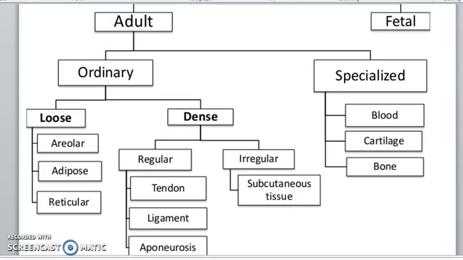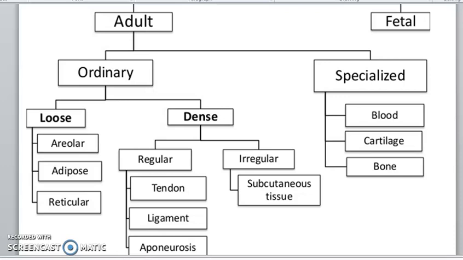Remember, we have talked about the classifications of connective tissues to include connective tissue proper, which is either loose connective tissue or dense connective tissue that are further split into either regular or irregular. Remember that. And then we have talked about the supporting connective tissues as well as the specialized connective tissues.